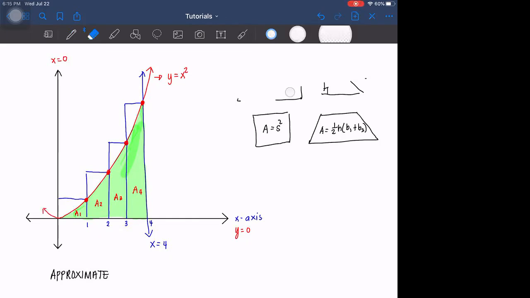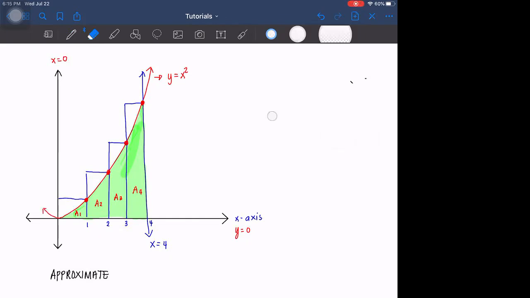Let's look at rectangle 1. Okay, rectangle 1, area 1. What is the width of this rectangle? It's 1.